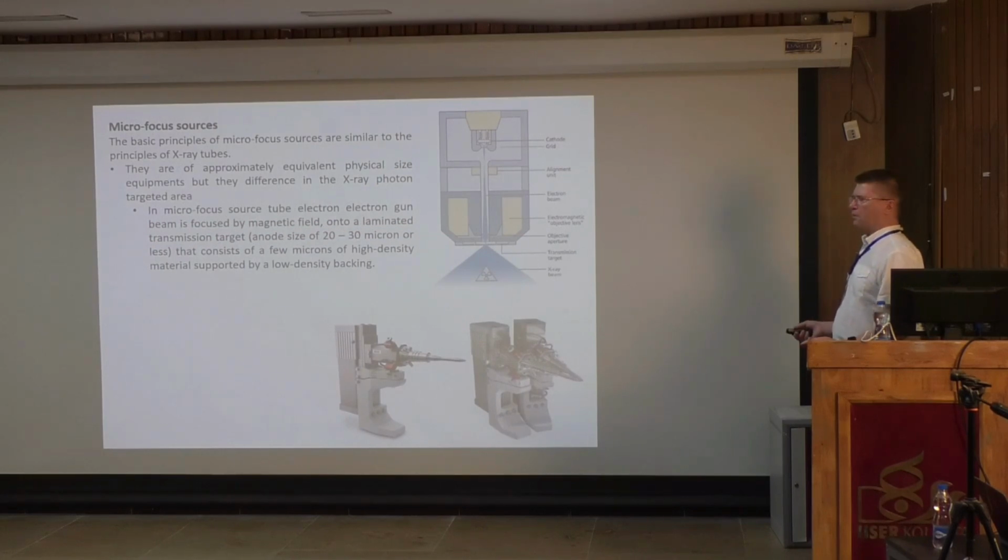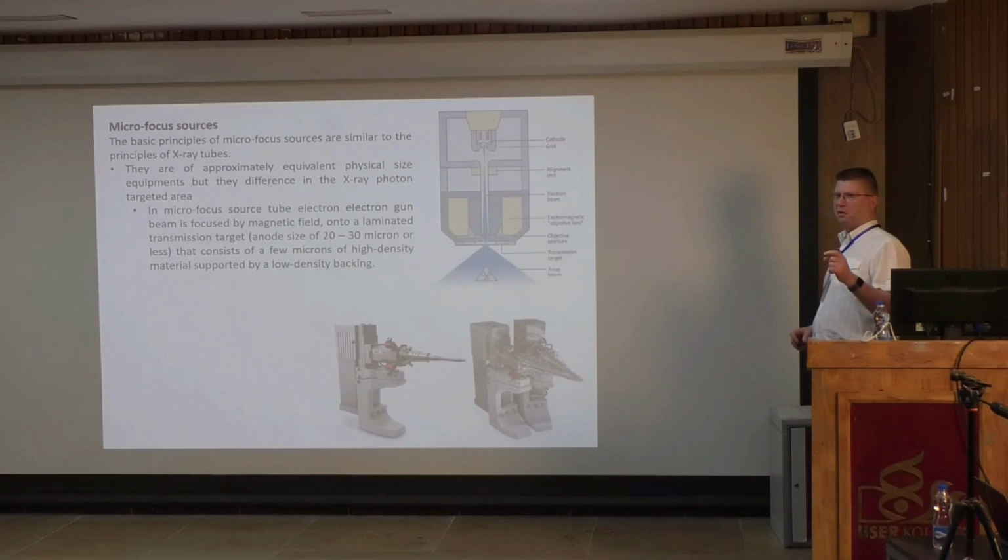And then what is now, let's say, the state of the art? This came about 15 years ago, roughly. It's the so-called microfocus source. And in principle, again, it's the same as the traditional tube. It is roughly the same size as this. But how it's done is that now the focus where the electrons are hitting is really small.